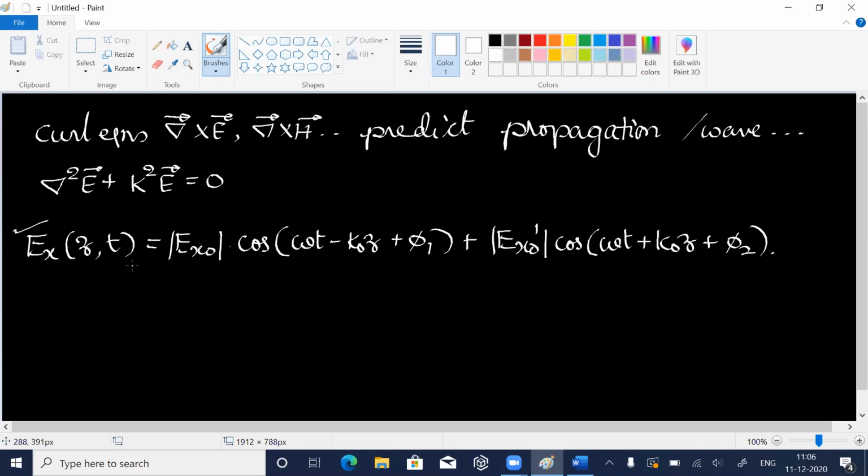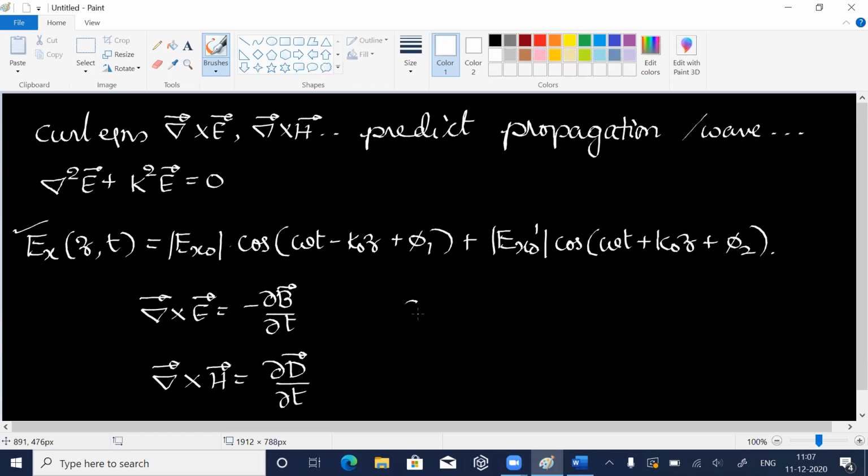Now, the same thing we can also arrive at differently. That is, the curl equations, as we know very well: curl of E is minus dou B by dou t, and curl of H is equal to dou D by dou t.